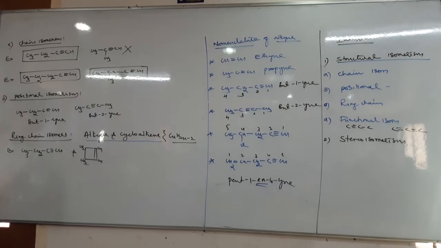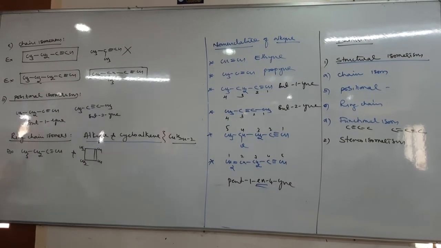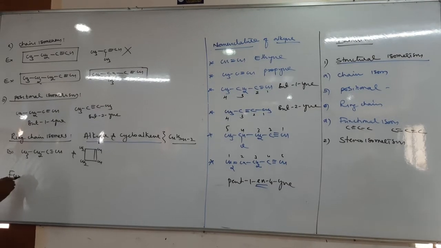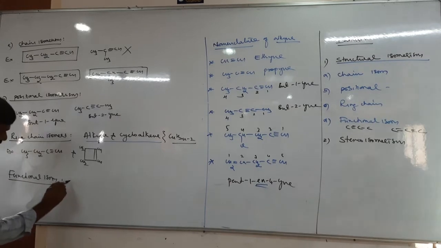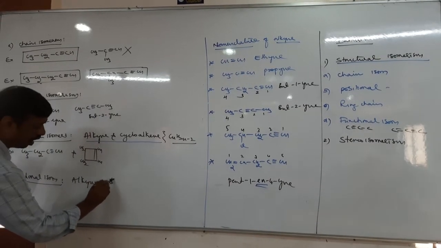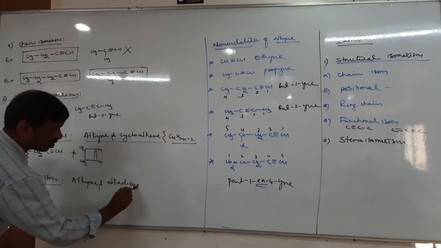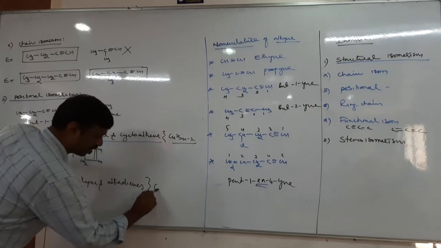Next, the fourth one, functional isomerism. For functional isomerism, alkynes are the functional isomers of which organic compound? Alkynes and alkadienes both have the same molecular formula.